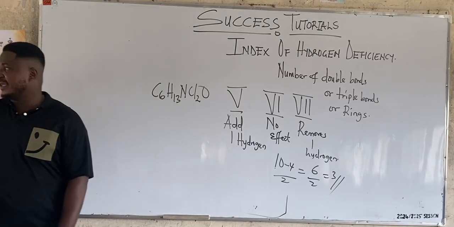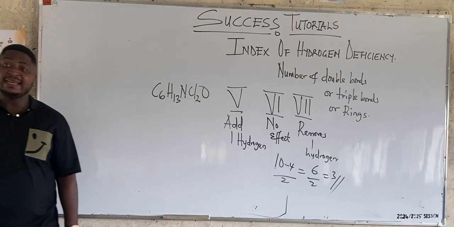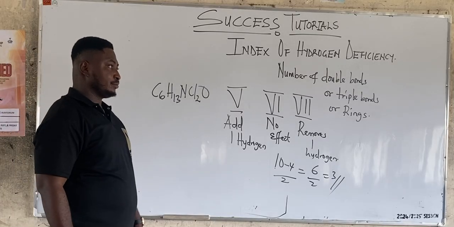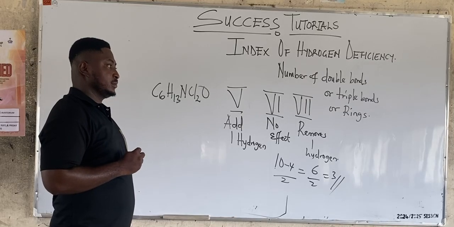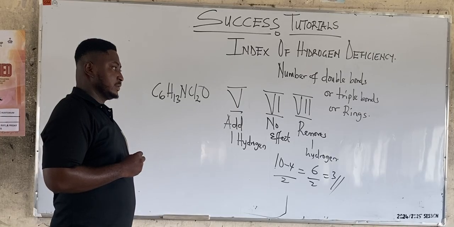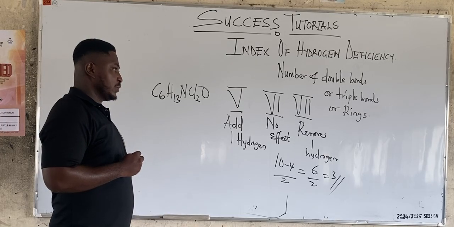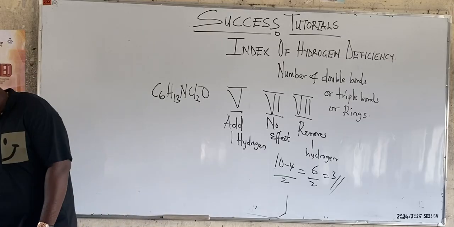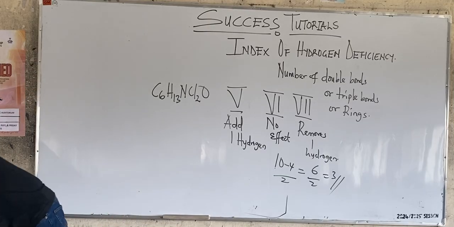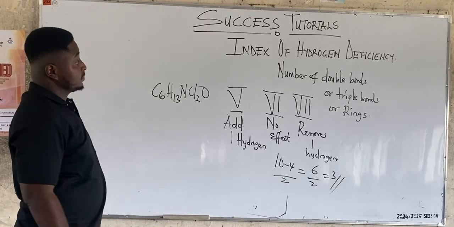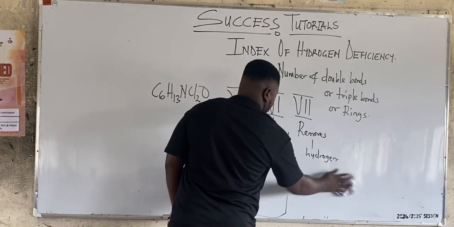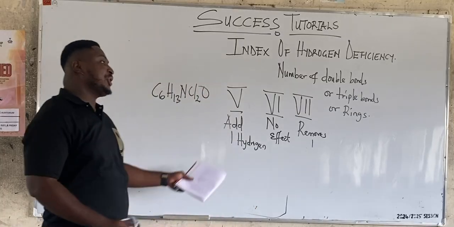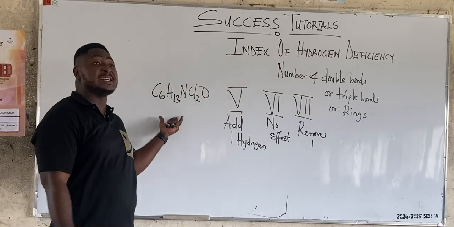C6H13NCl2O. Solve quickly. Before you start adding hydrogen and moving hydrogen, go and find what the saturated form of this should be, right?